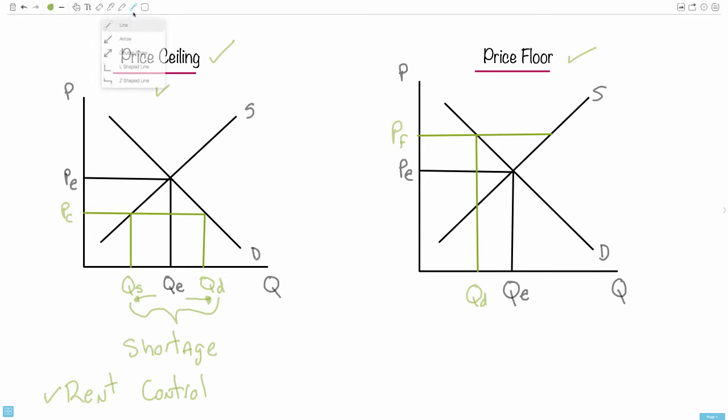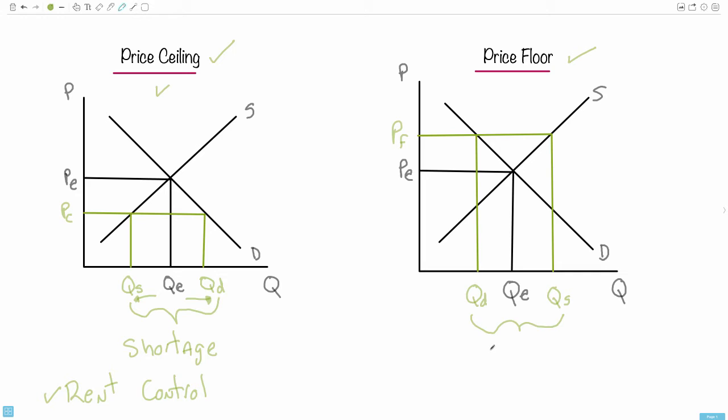On the other hand, you're going to discover that sellers, the producers, are going to welcome this type of government price control, because now they charge and they receive a price which is higher. In this particular case, QS, quantity supplied, is larger than quantity demanded.